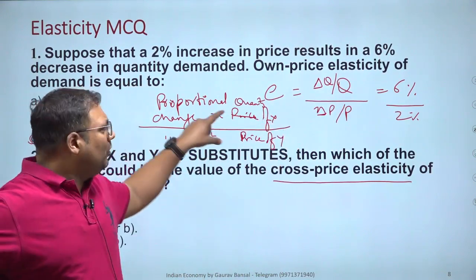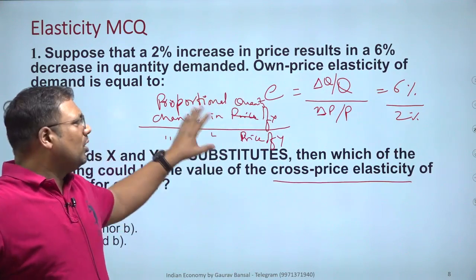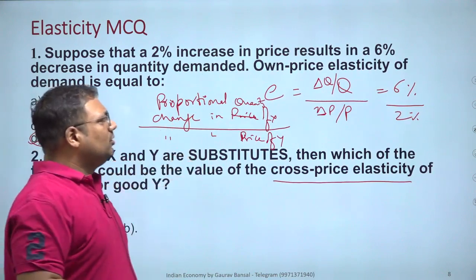It means we are looking at how much the demand for Coca-Cola is changing. X, let us say, is Coca-Cola, because we have to consider substitutes. So let us say Coca-Cola.